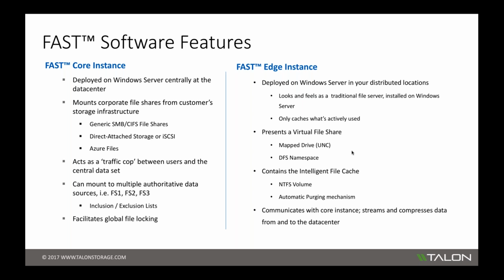The virtual file share, like I said, can be mapped to directly through a UNC path, or can be embedded within a DFS namespace, which is really important when you want to provide a unified namespace to your users on a global scale and actually want to create a single instance that is consistent and coherent throughout the enterprise.